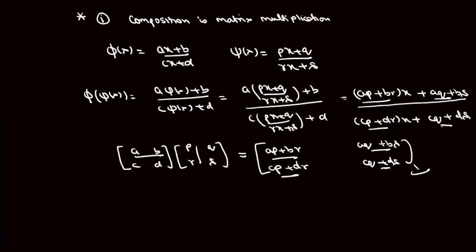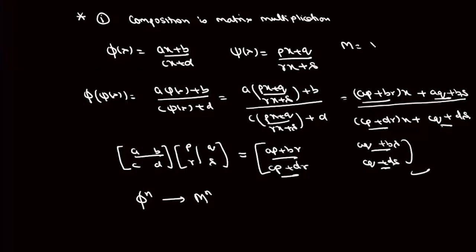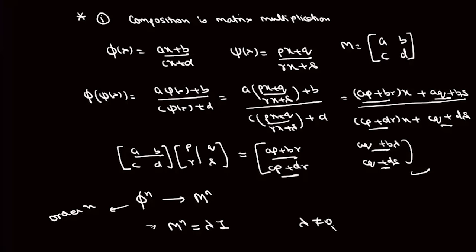So if composition is matrix multiplication, then this phi n map corresponds to the matrix M to the power n, where M is a, b, c, d. Now if phi has order n, then it would imply M to the power n is some lambda into I, where lambda is a non-zero scalar.